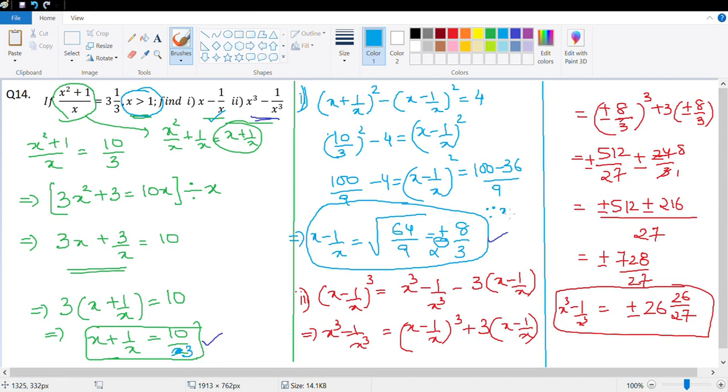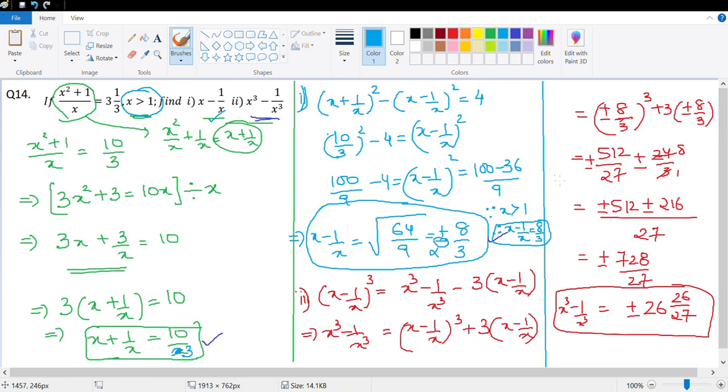So since x is more than 1, therefore x minus 1 upon x will be 8 upon 3, not minus 8 upon 3. Right? x is more than 1, so a positive number which is more than 1 minus the reciprocal of it will never be a negative number. Correct? Because the number will always be more than the reciprocal.